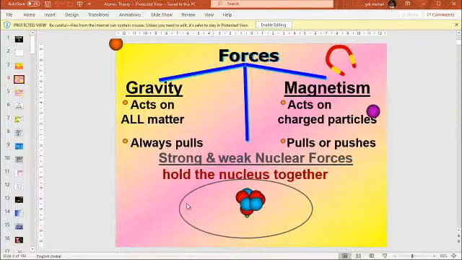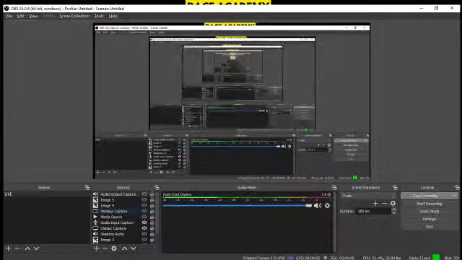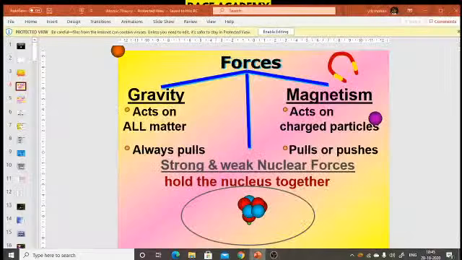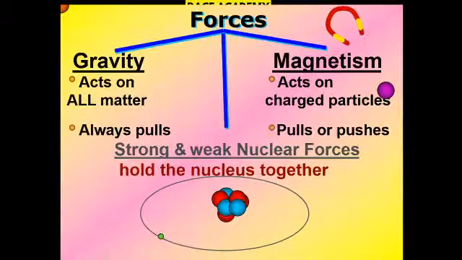That can be divided. Now you can see this discussion we're doing, gravity and magnetism. Gravity acts on all matter, and magnetism acts on charged particles.